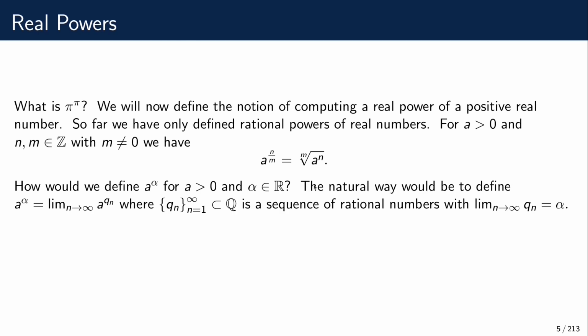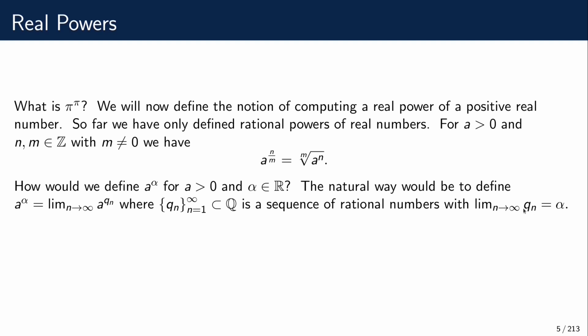So the first idea that comes to mind is how are we going to define a to the power of alpha? Basically, it's going to be this limit of a to the power of qn, where qn is a sequence of rational numbers that converges to alpha. We know that the rational numbers are dense in the real numbers, and every real number is the limit of rational numbers, right?